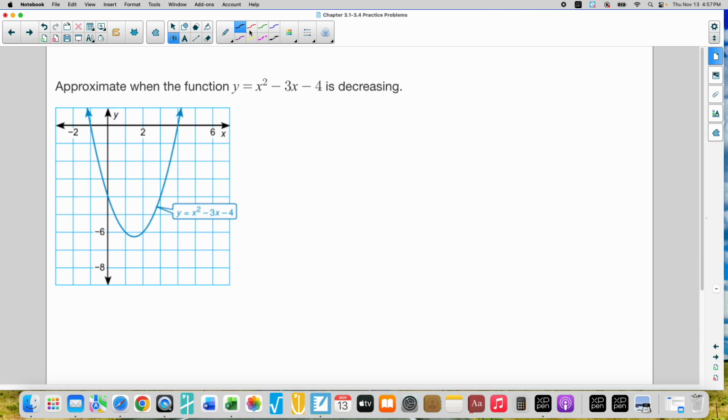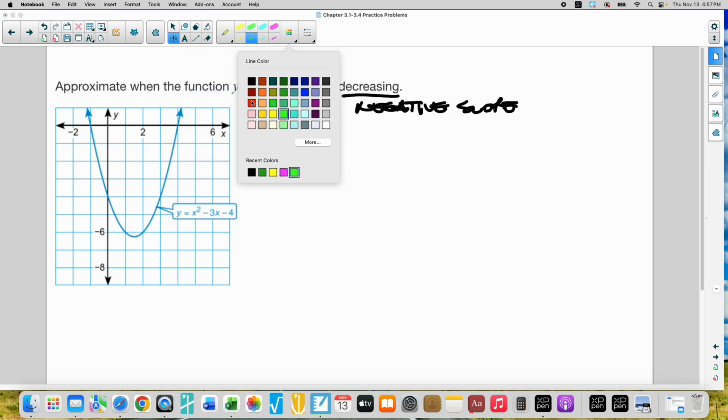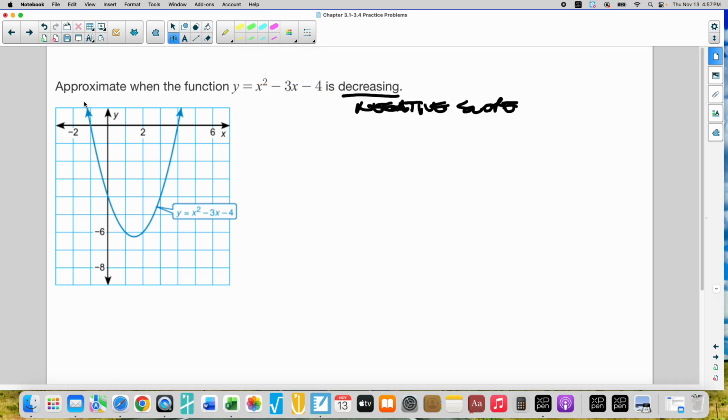When is it decreasing? Okay, so decreasing is a negative slope. When is it going down left to right? So it's going down left to right, all the way to this point right here.